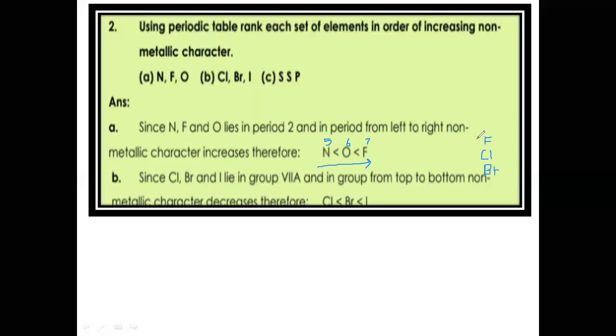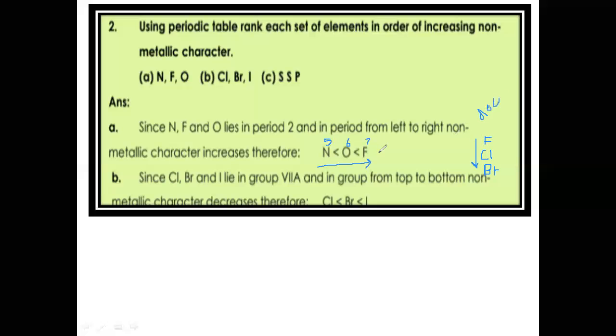And I told you that from top to bottom, the non-metallic character decreases.